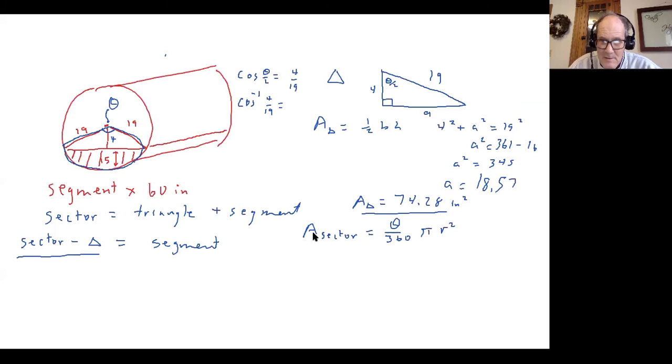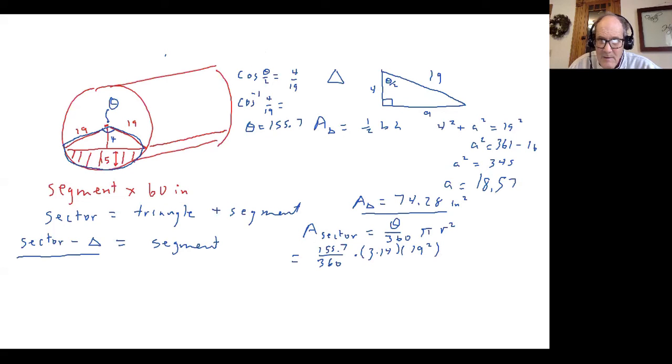Go back. So we've just found out theta equals 155.7 degrees. So 155.7 over 360 times 3.14 times 19 squared.